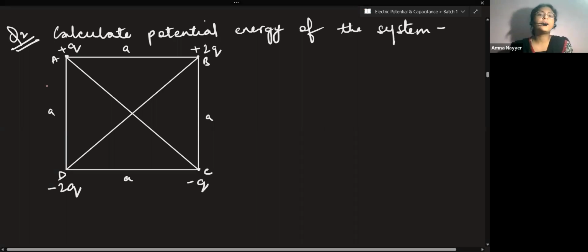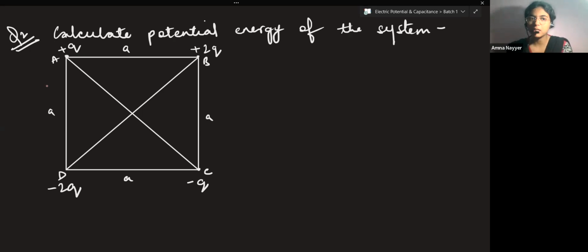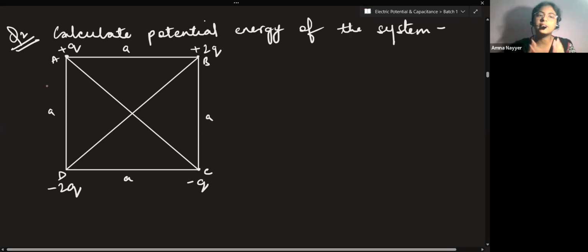See, you have to find out the potential energy of the system. It means now you don't have to find the potential energy of a single charge. You have to consider all the interactions that are possible, all the forces that will be generated, all the energy that we have to consider. Q at point A and 2Q at point B will be interacting.